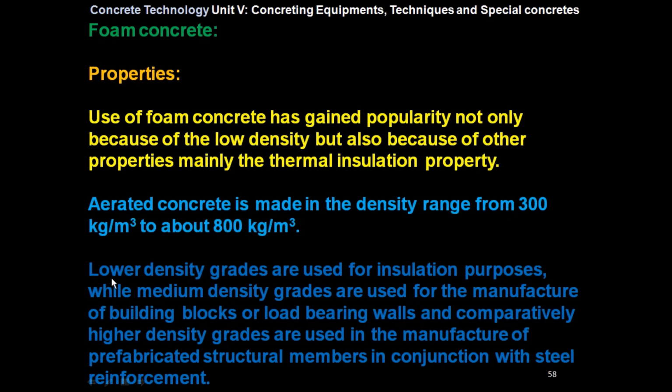Lower density grades are used for insulating purposes, while medium density grades are used for the manufacture of building blocks or load bearing walls, and comparatively higher density grades are used in the manufacture of prefabricated structural members in conjunction with steel reinforcement.